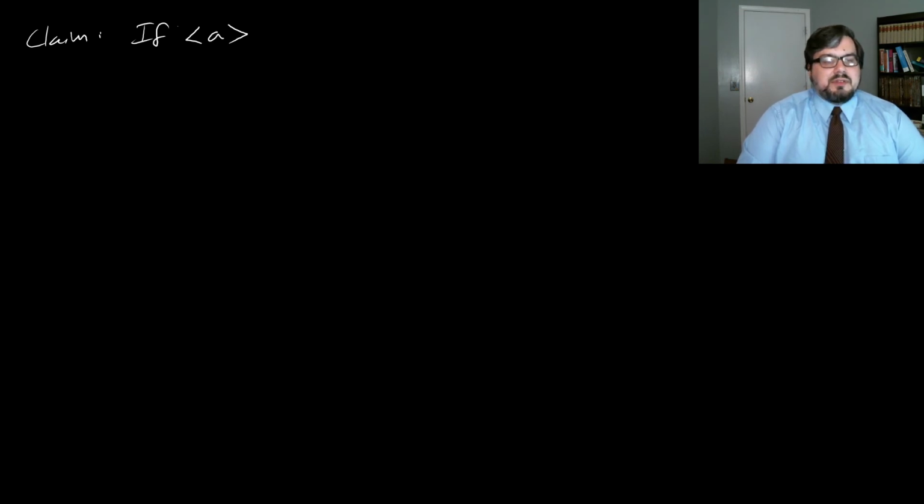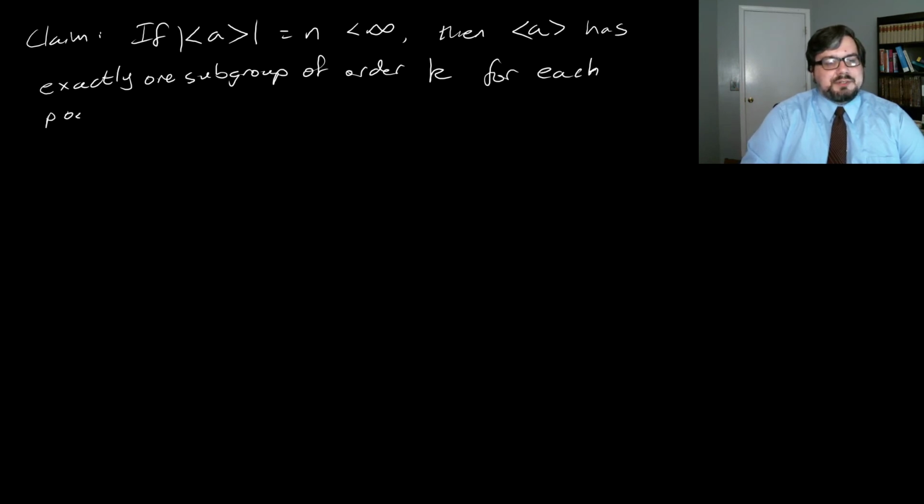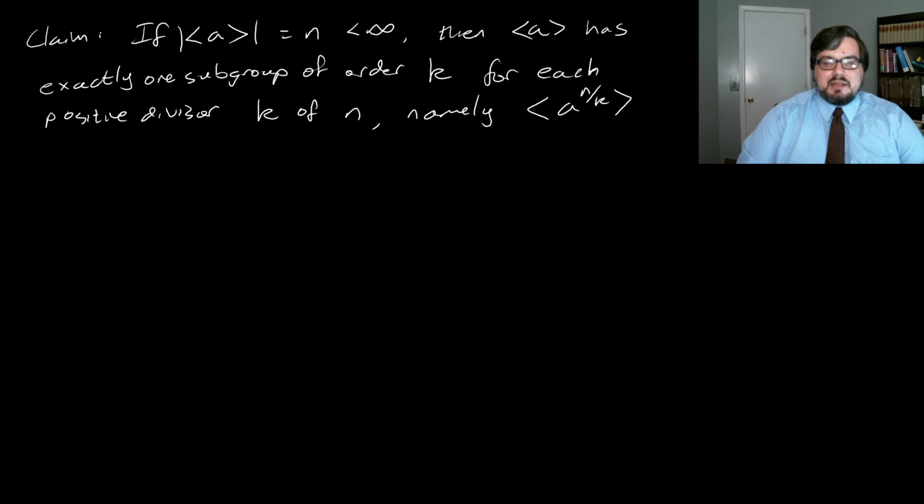It says that if the order of a cyclic group is n, finite, then the cyclic group generated by a has exactly one subgroup of order k for each positive divisor k of n, namely the cyclic subgroup generated by a to the n over k.